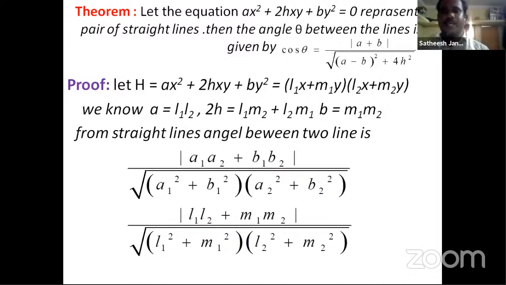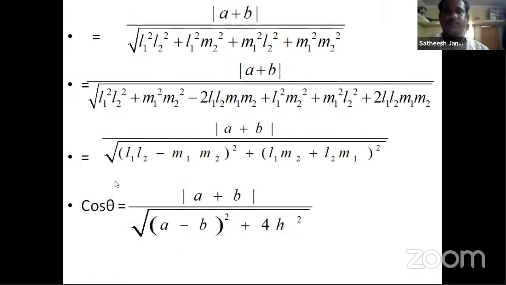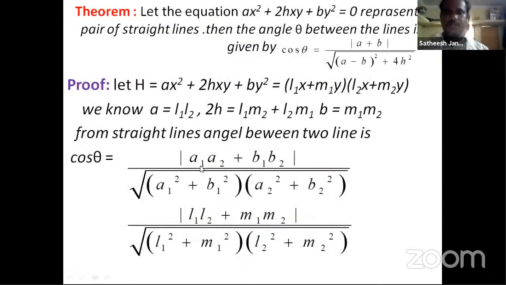From the straight lines, what is the angle between two lines? The angle between two lines, cos theta is equal to modulus of a1 a2 plus b1 b2 by under root of a1 square plus b1 square into a2 square plus b2 square.